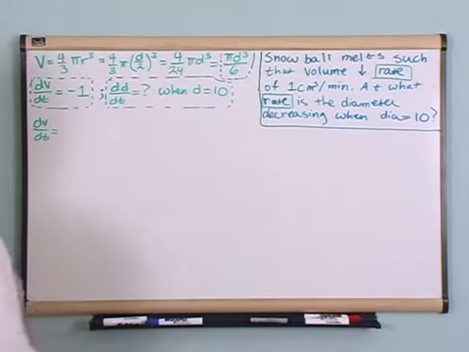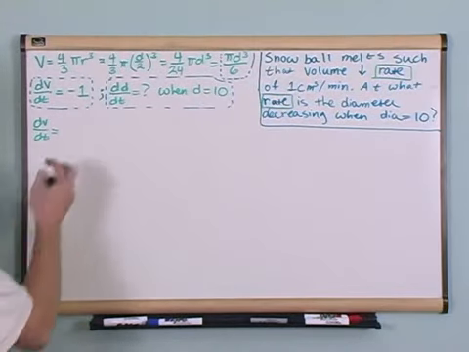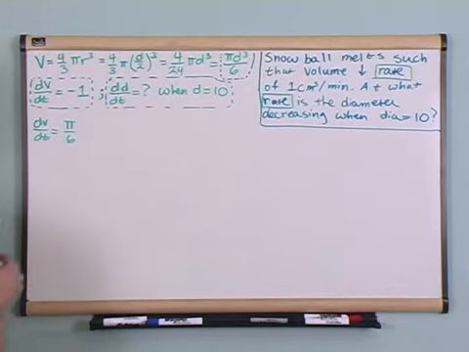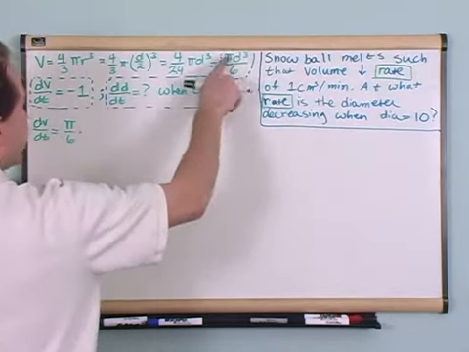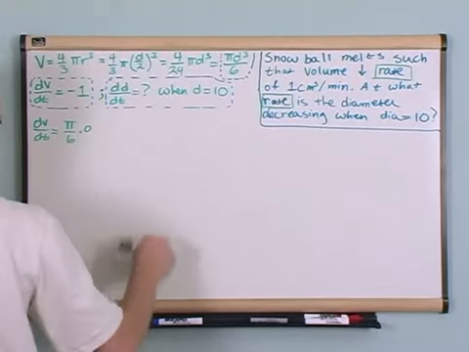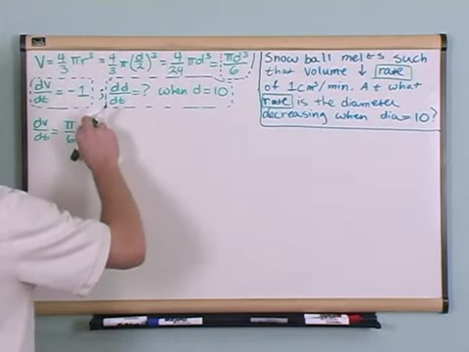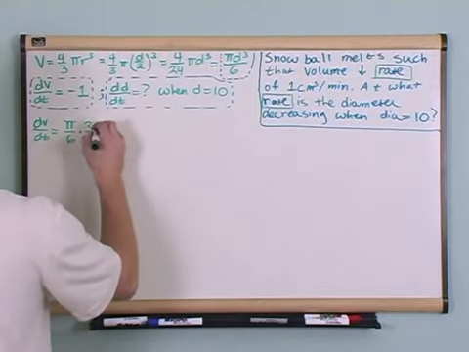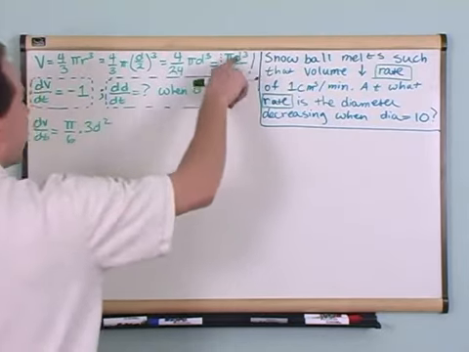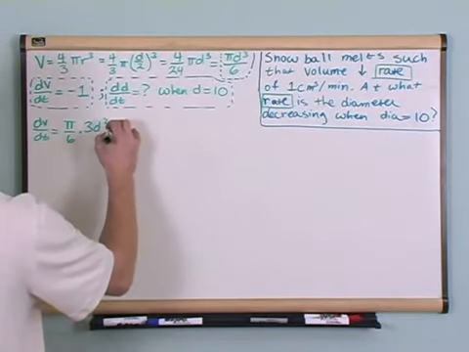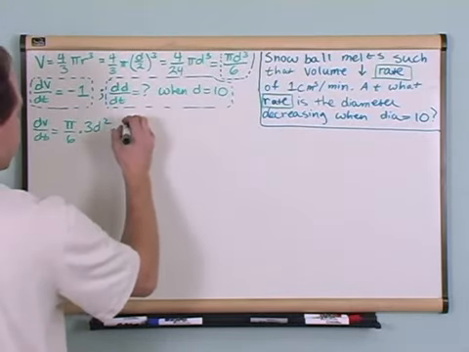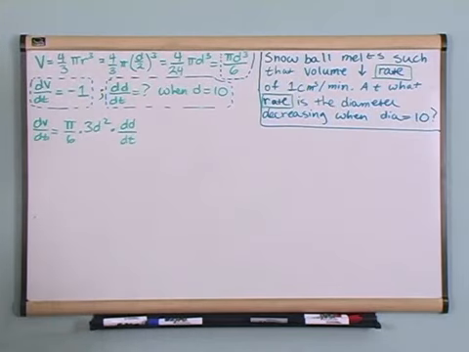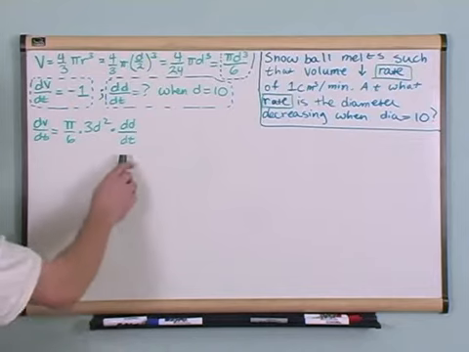Let's take the derivative of this guy, which is going to be pi over 6 times, you got d cubed, so then what you're going to have here is 3d squared, because you got the 3 that comes down, d squared, and I'm going to explain this in a minute, but it's going to be times dd/dt, okay?